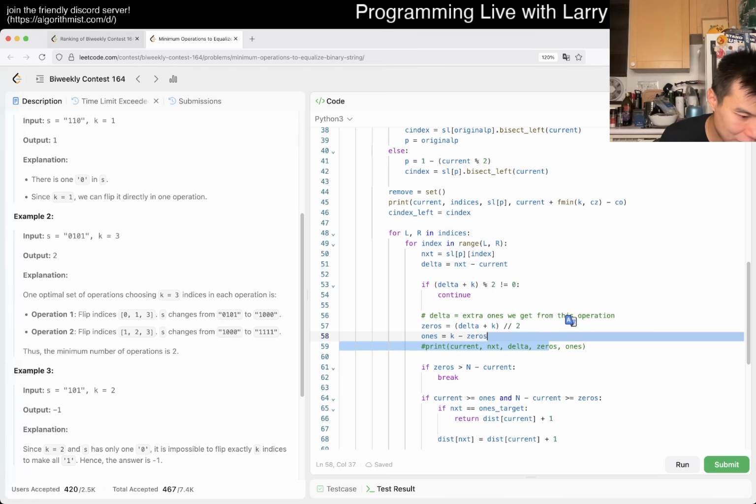And it goes all the way to when you don't have enough zeros, and you don't have enough zeros when, well, you know what your current zero is, which is n minus current. So n minus current is your number of zeros.